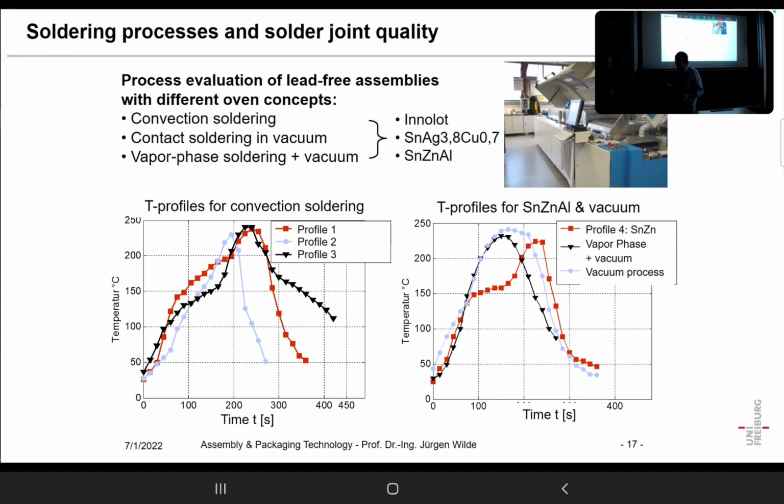And in that way, we can also do soldering. But the disadvantage is we have to avoid that these substances come into the environment, and these substances are also expensive. So most of the companies don't go for vapor phase soldering, even though it's better than reflow soldering, but it's more complicated and more expensive.